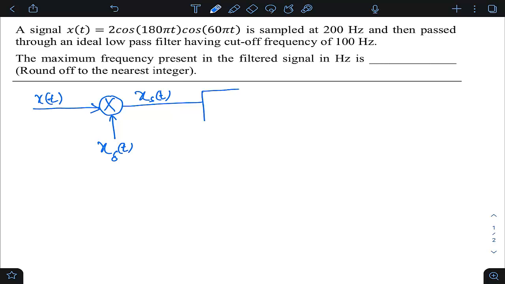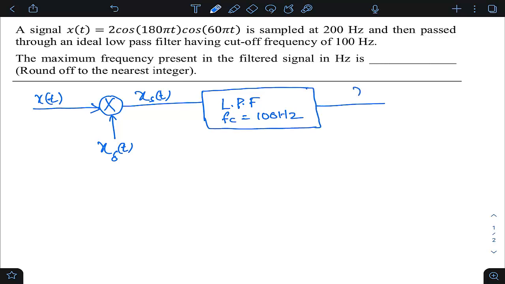This sampled signal is passed through a low pass filter and the cutoff frequency given is 100 Hz. Now the question they are asking is, what is the maximum frequency present at the output of the low pass filter?